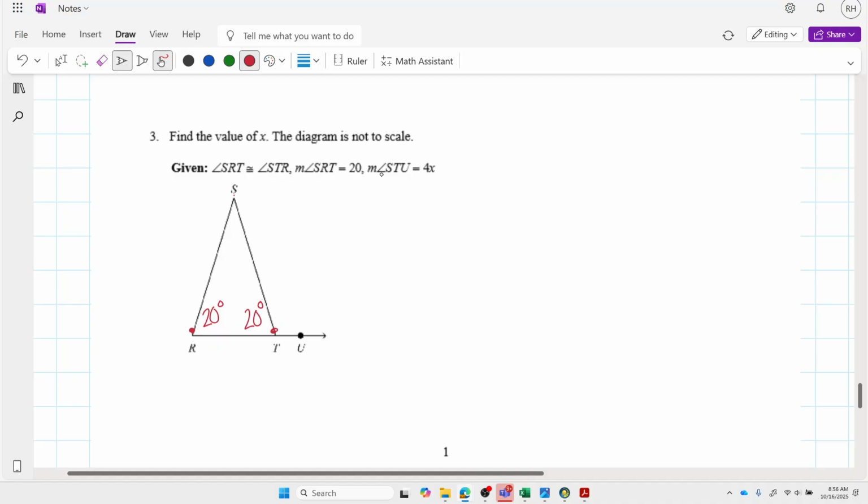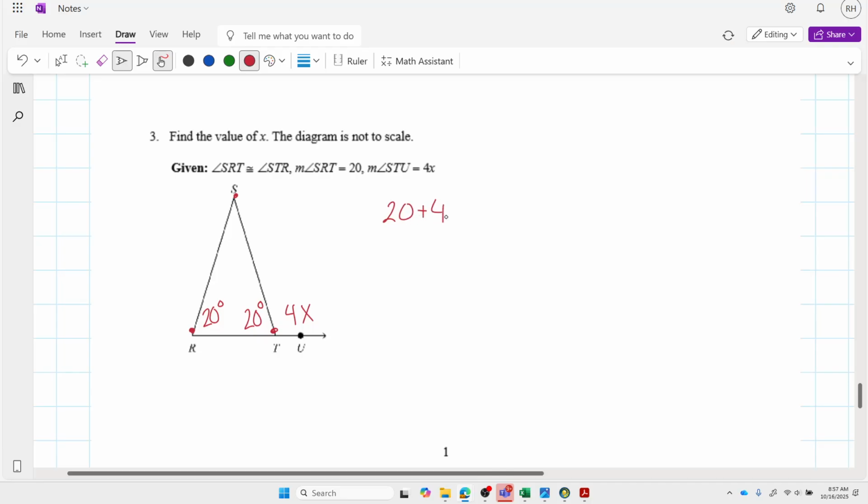And the measure of angle STU is 4x. So here's S, T to U. This is 4x. So do you see the 4x and the 20 that's next to it? Aren't they next to each other and form a line? They're a linear pair, right? So what's their sum?